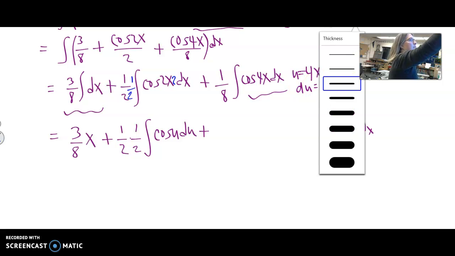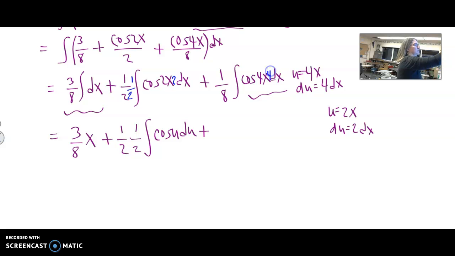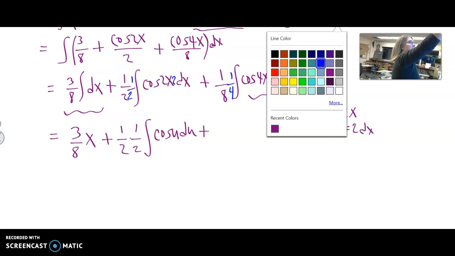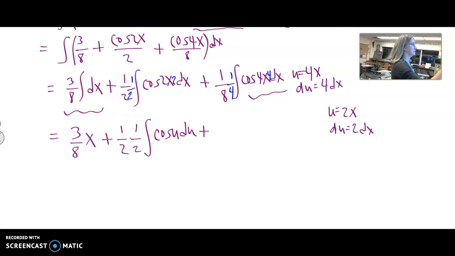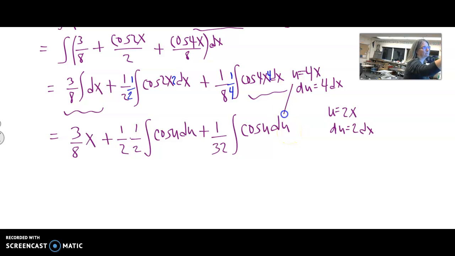So again, I need to put a 4 in here, which means I need a 1/4 there. And then we can integrate. This is 1 over 32, and then I have cosine of u du again. But this u is going to have to go in for my u, and this one goes in. This u will go into this piece here.